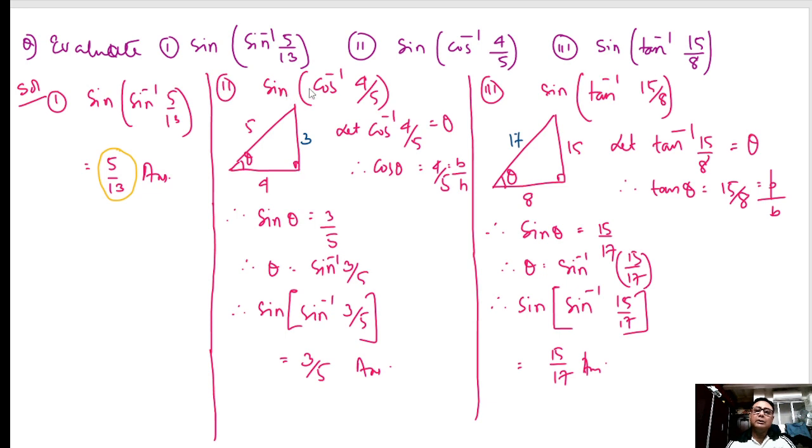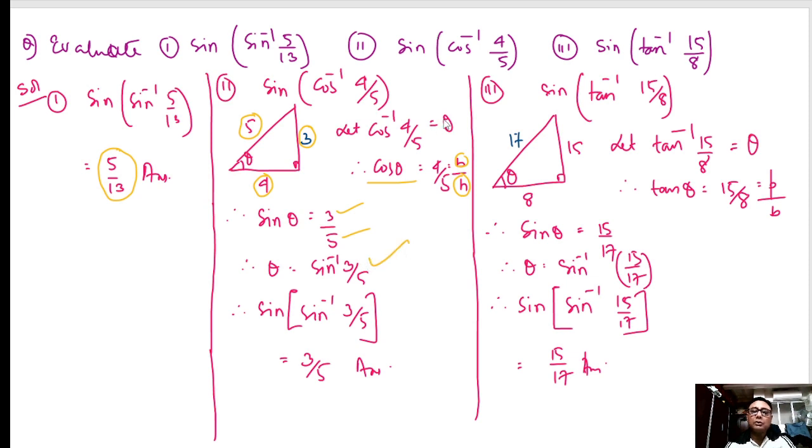Similarly, sine of cos inverse 4/5. We know sine of sine inverse x is x, but this is cos inverse, so we have to convert cos inverse to sine inverse. Let cos inverse 4/5 be theta. So cos theta is 4 by 5, and cos theta is base by hypotenuse. That means 4 is my base, 5 is my hypotenuse, so I can find the perpendicular as 3. So sine theta will be perpendicular by hypotenuse, which is 3 by 5.